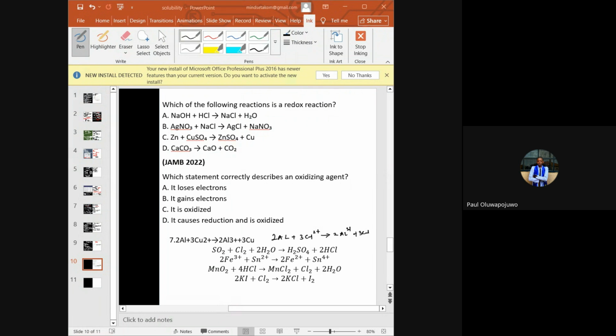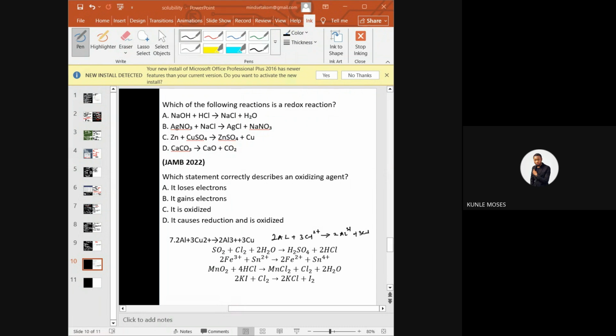The net equation is Fe3+ plus Sn2+ giving Fe2+ plus Sn4+. So this is a balanced equation already.